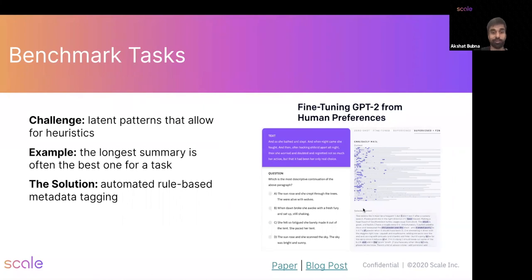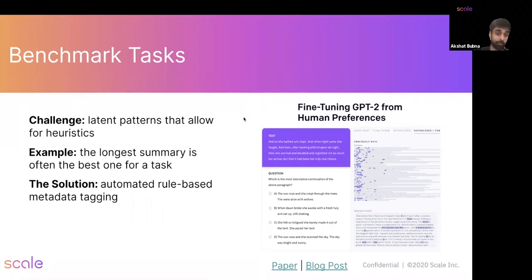The task has snippets from GPT-2 and some possible continuations, and you have to pick the most descriptive continuation, or the best summary as made by GPT-2, and so on. Something our taskers converged to over time was realizing that the longest summary was often the best one for a task. And you can imagine why that is. In fact, in the data set that OpenAI was giving us, it was the correct answer for like 80% of the tasks we were labeling for them.